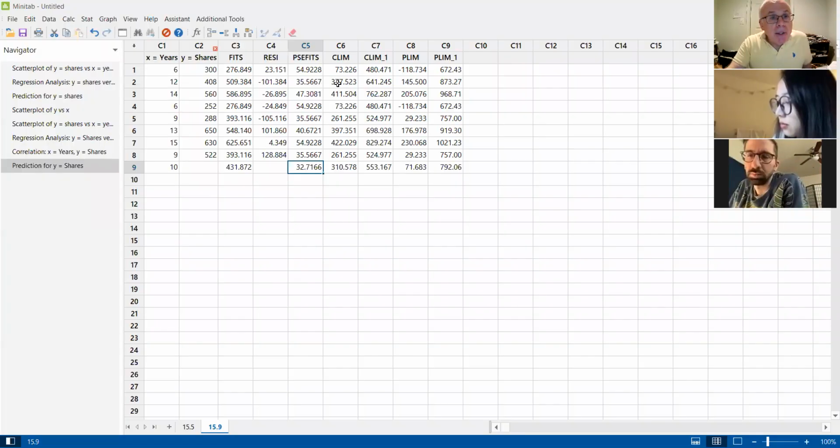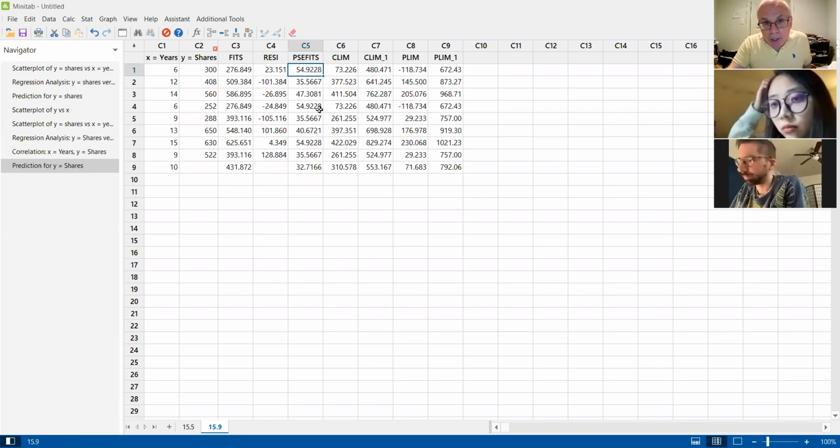Now I'll go back to Minitab. Slightly off, but this is it right here. Probably just some rounding error, but that's it, 54.9228. I don't know what they did, some rounding issue there, but it's pretty much the same number. I got 54.891, 54.9228 is pretty close.